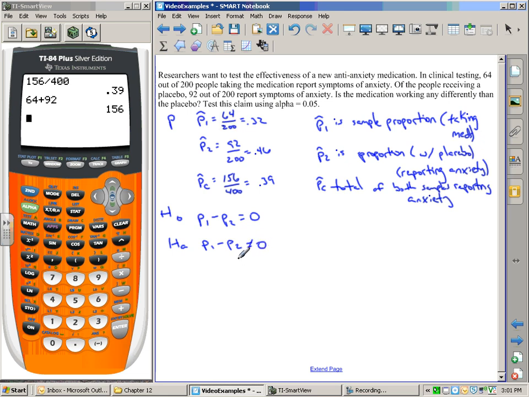And you want to make sure you say P1 equals true proportion of people taking meds and reporting anxiety.